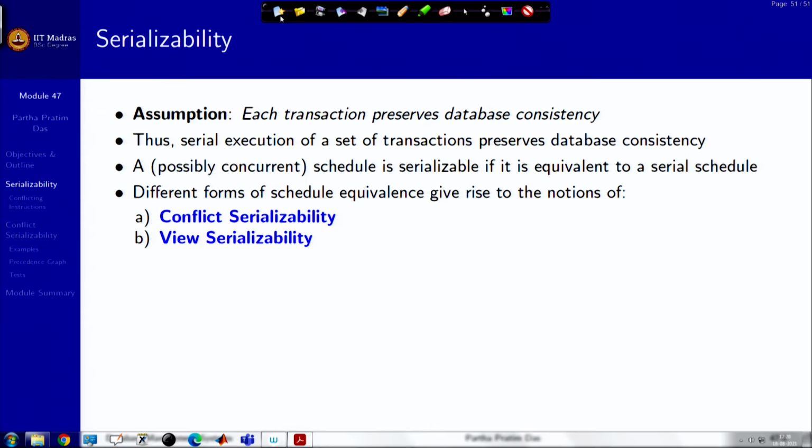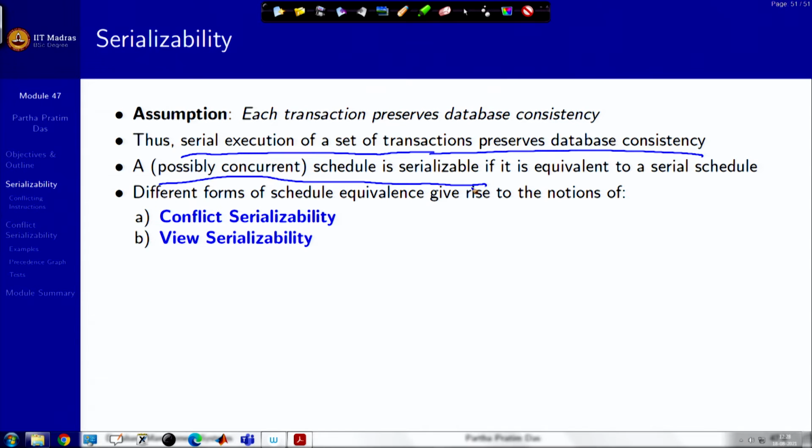So, we are assuming that such transactions are not there. A serial execution of a set of transactions will always preserve the consistency, because if every transaction is preserving consistency, then if I do them one after the other, they will preserve consistency. A possibly concurrent schedule which mixes the instructions from multiple transactions is said to be serializable if it is equivalent to a serial schedule.